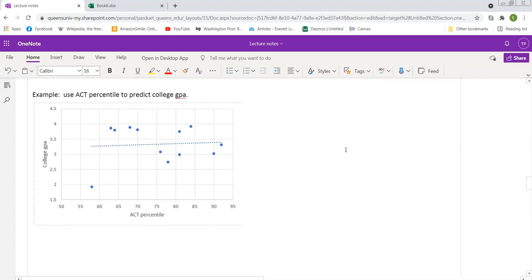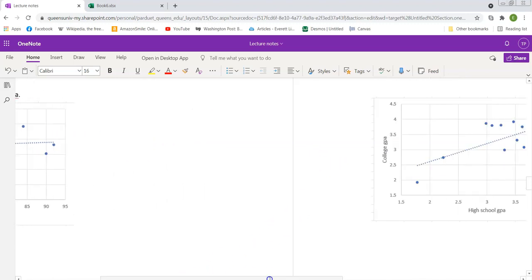Okay, we are going to look at it anyway, just as an example, but it's not going to be our best predictor. And you can tell that because the points are not all that closely along the line.